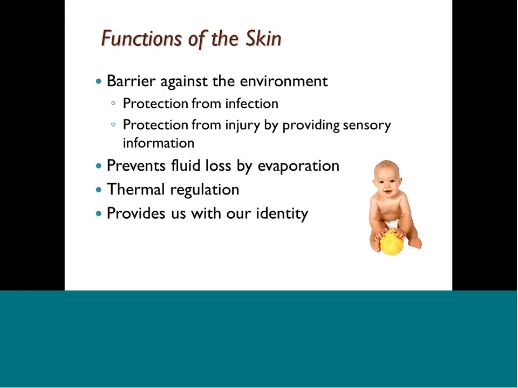Little children, anywhere up to 6 months of age, do not have the ability to shiver, so that can cause some problems, especially when they have a large burn. Children from 6 months to 2 years of age can shiver, but they're more fat than muscle mass, so when they shiver, they do not generate enough heat. And finally, the skin provides us with our identity.